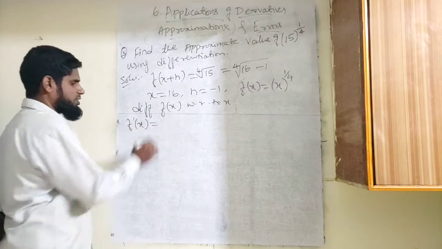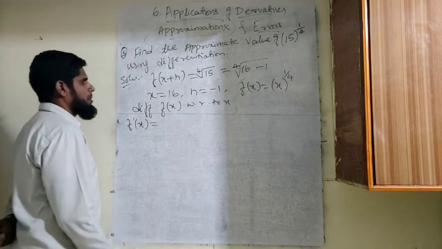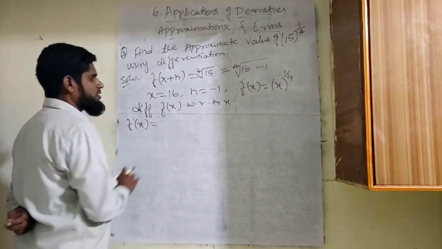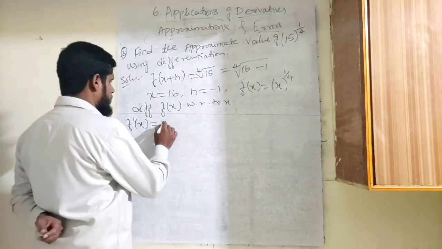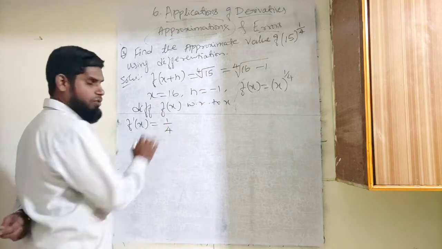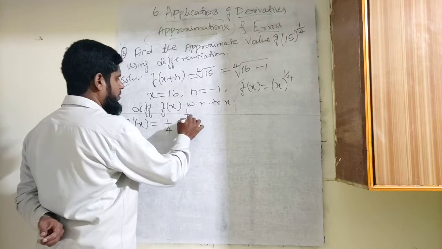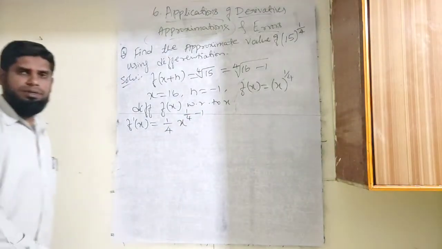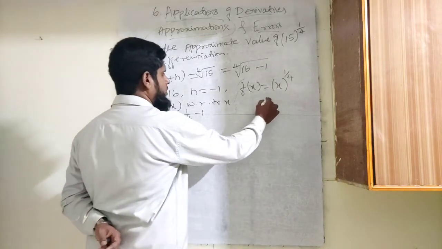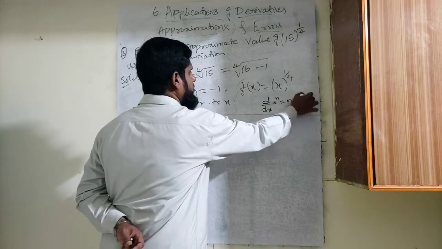F dash of x is equal to, fourth root, x power 1 by 4. The x power n formula says that the derivative of x power n is n into x power n minus 1. So it is 1 by 4, x power 1 by 4 minus 1.